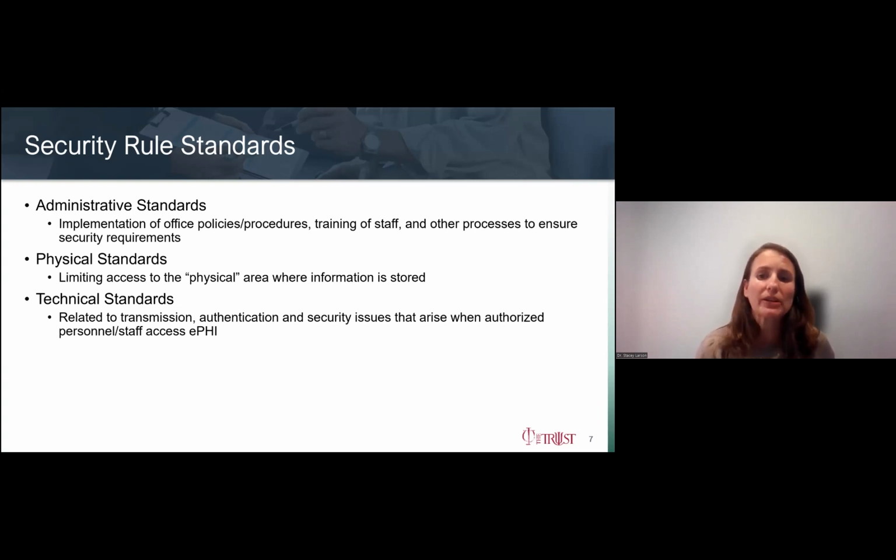So the security rule requires a covered entity to implement policies and procedures for authorizing access to ePHI only when it's appropriate based on the user or the recipient's role. So for instance, in a practice, it might be necessary for Dr. Jones to have full access, of course, to the clinical record.